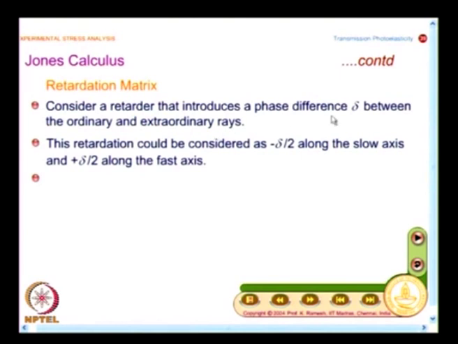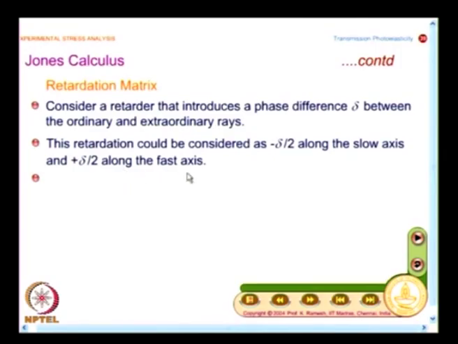And how do we introduce this delta? This can be written down in many different ways, and I said that retardation could be considered as minus delta by 2 along the slow axis and plus delta by 2 along the fast axis.